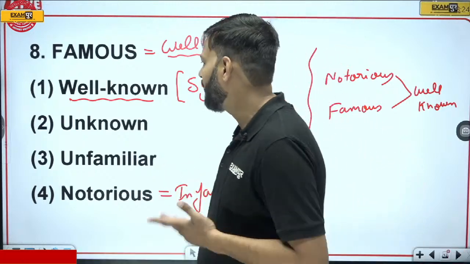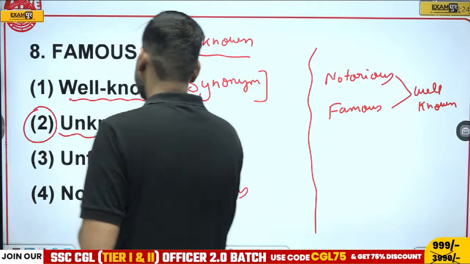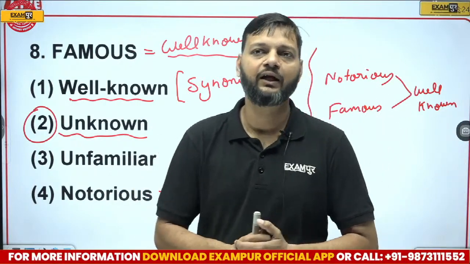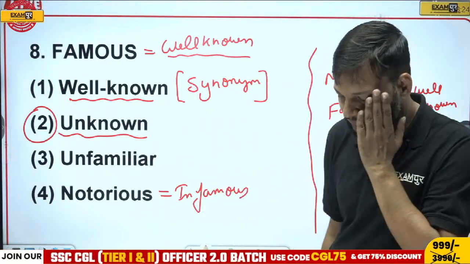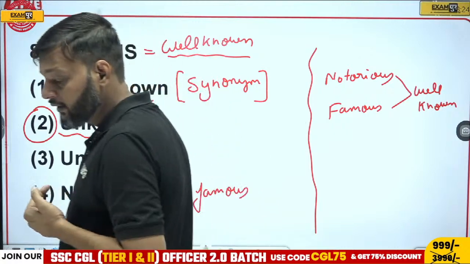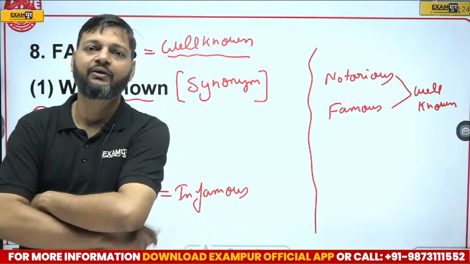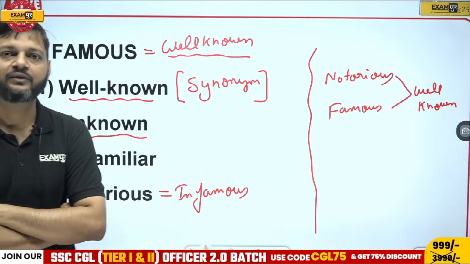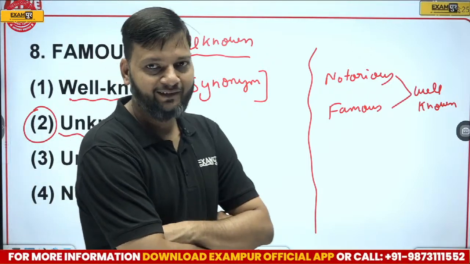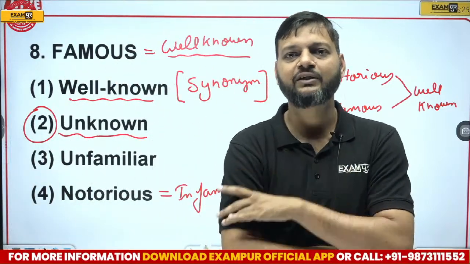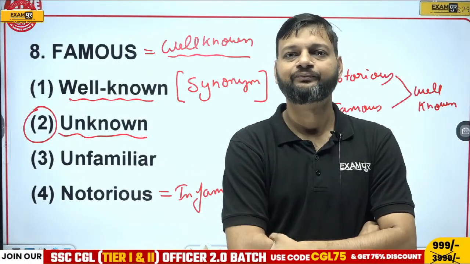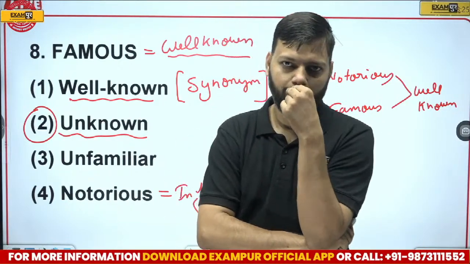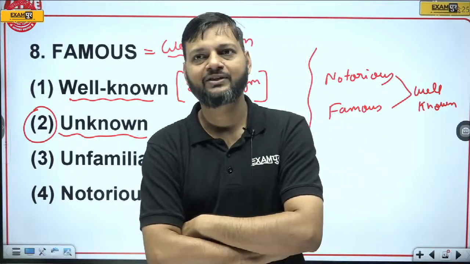The antonym of famous is unknown, because famous means well known and its antonym is unknown. Like, I have been teaching English grammar and communication for almost 16 years. But in the world of online education, I am quite unknown, right? Because I started teaching in 2005.